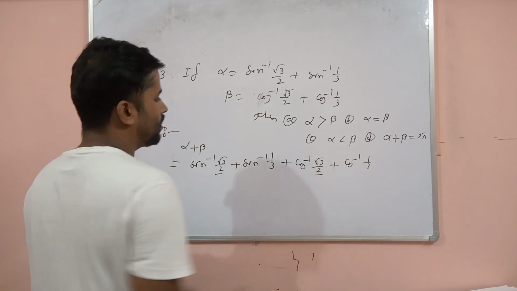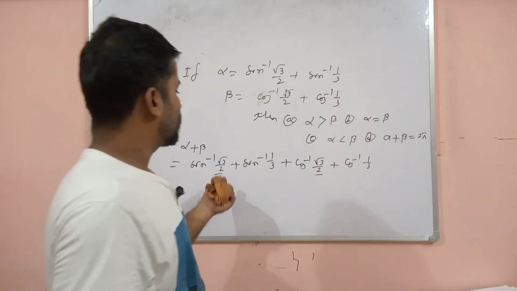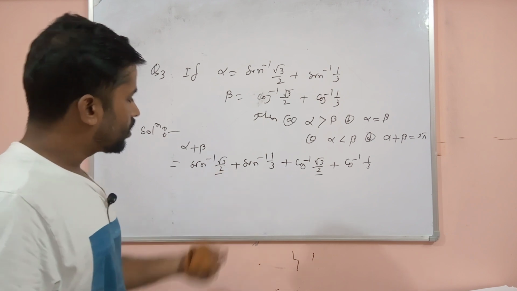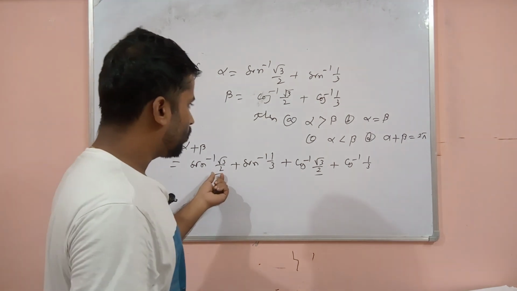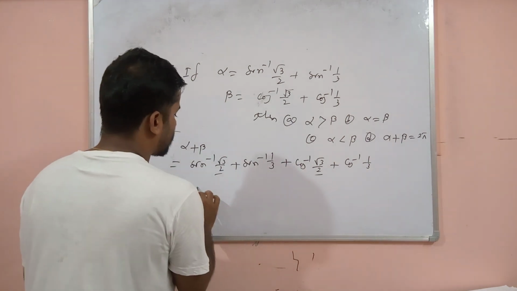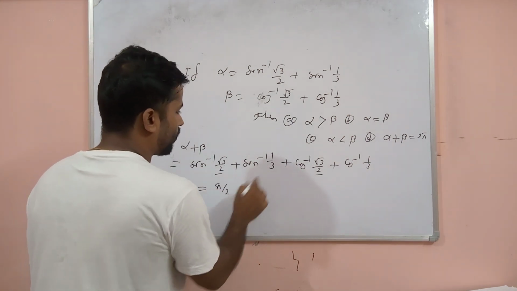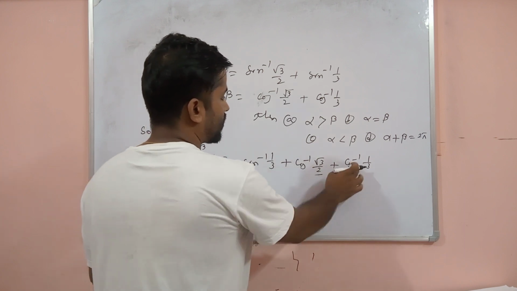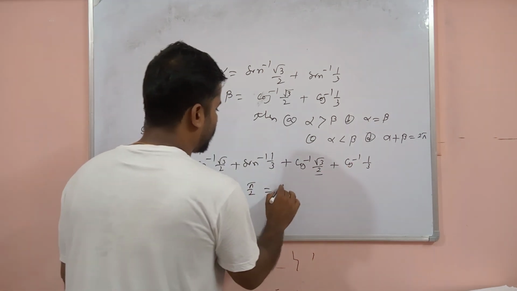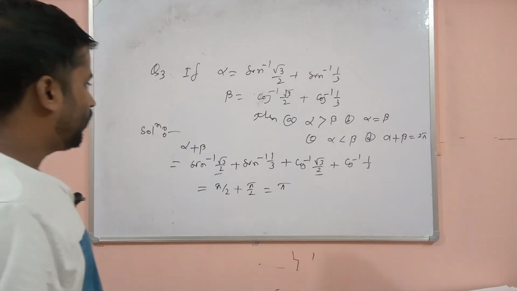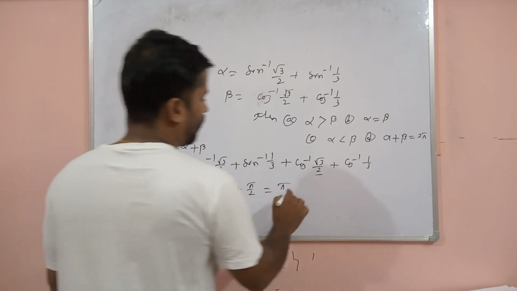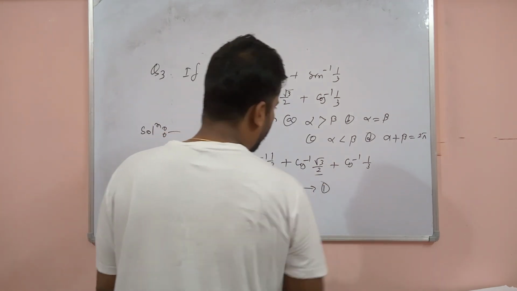The value root 3 by 2 lies between -1 to +1. So sine inverse this plus cos inverse this is equal to pi by 2. Likewise sine inverse this plus cos inverse this equal to pi by 2. So finally it is pi. So alpha plus beta is equal to pi. Say this is relation number 1.